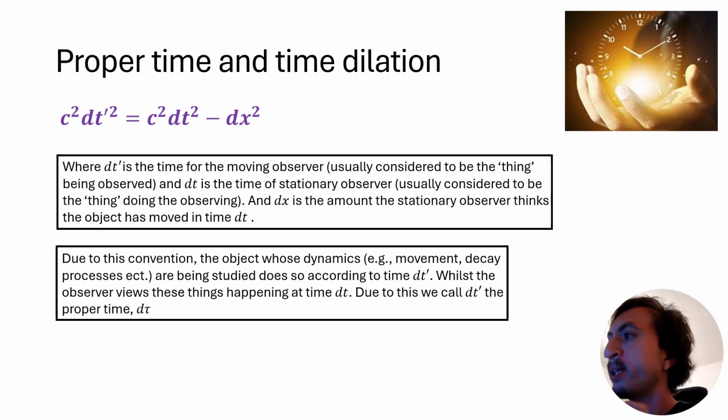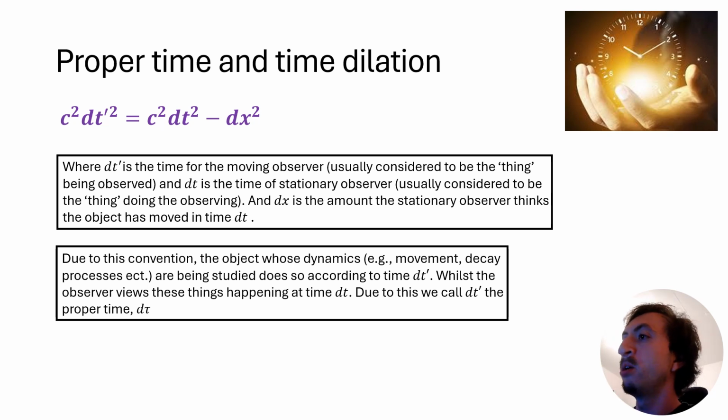But it's worth saying that dt prime is quite special. It's special because we can have expressions involving dt prime where there's no dx prime, so space-time intervals which depend solely on the time-like component of the four-position.